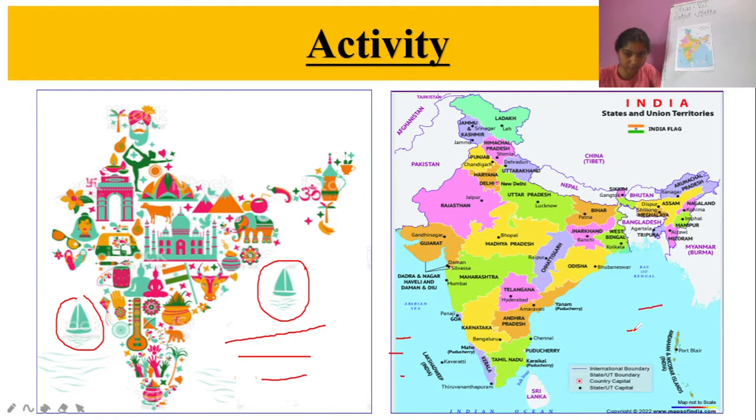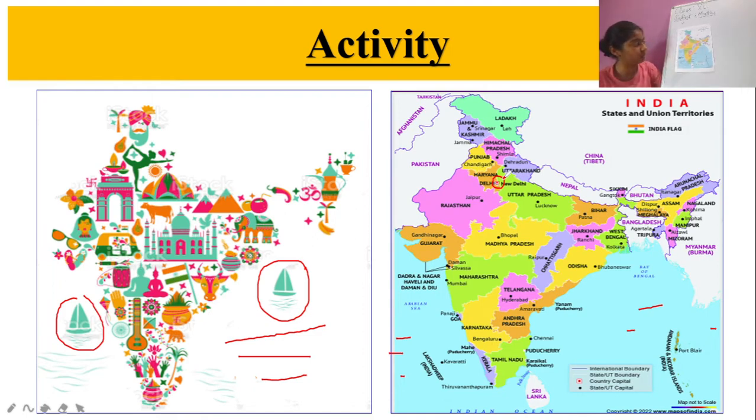And the different states are represented with different colors. And students, please see, we have union territories and the country capital, and you can see we have a different symbol for the country capital, that is New Delhi. And here also on my map, I have New Delhi for country capital, this symbol. And different colors for different states, and blue color for the water, right?